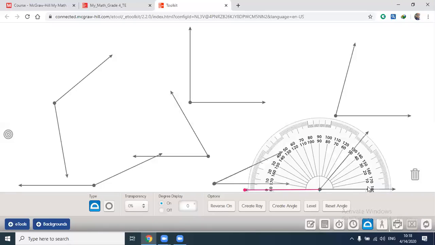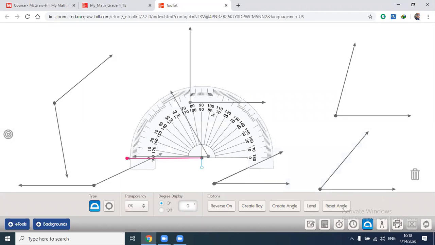From zero, count 0, 10. Someone said 130. No, this 130 is coming from the other direction. Please don't read it directly. Just count from zero, placed on one of the sides of the angle to the other side. 0, 10, 20, 30, 40, 50. Here I have it from the left side.